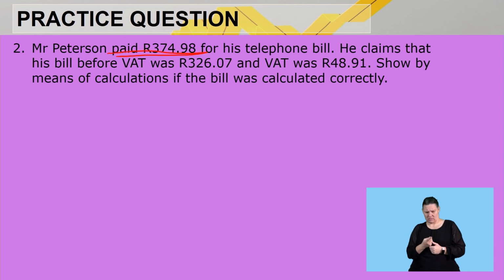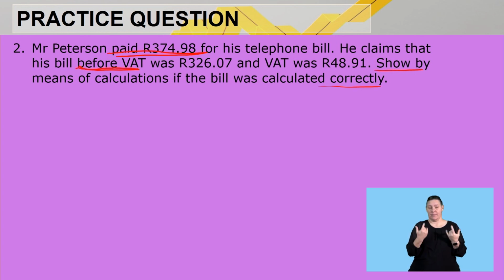He claims that his bill before VAT was 326.07 and VAT was 48 Rand 91, meaning Mr. Peterson has separated the VAT amount as well as the exclusive amount on the bill. Now show by means of calculation if the bill was calculated correctly.